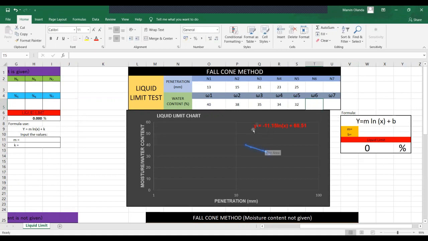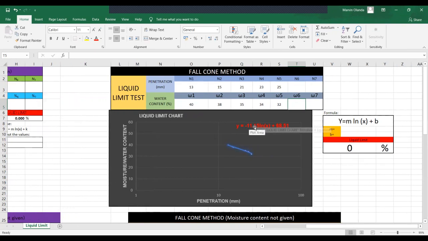Our program automatically creates this graph and gives us the equation in terms of y equals m ln x plus b, where x is equal to 20 millimeters of penetration. To determine the liquid limit using the fall cone, we have to determine the water content at 20 millimeter penetration.